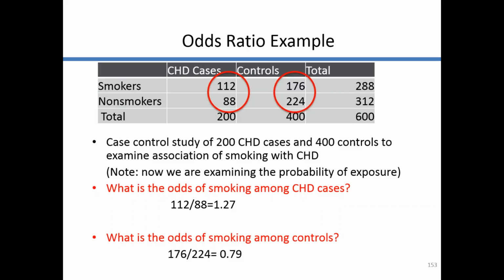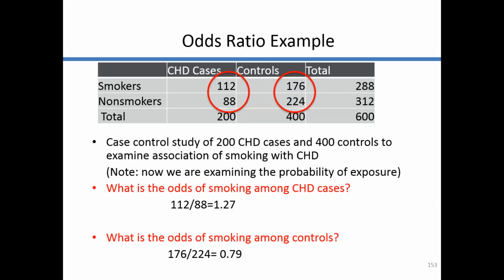We're looking now at a case control study, so we're not looking at all the smokers and looking at outcome. We're starting with the outcome. So think of it in terms of going down the case column and the control column.